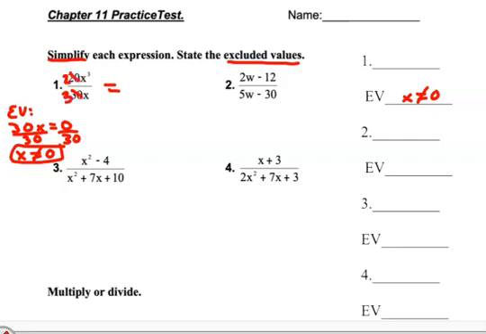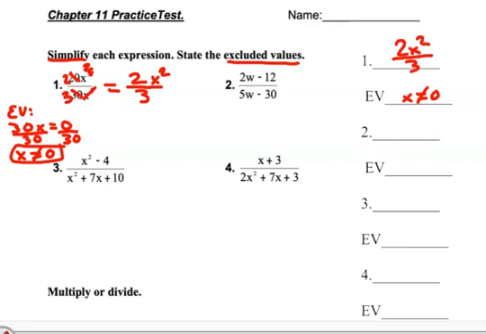And then I can subtract exponents. I have 3 x's up top and 1 in the bottom. This x on the bottom will cancel one of these x's in the top. So I still have an x squared. So my simplified answer is 2x squared up top, 3 on the bottom, and x is not allowed to be 0.